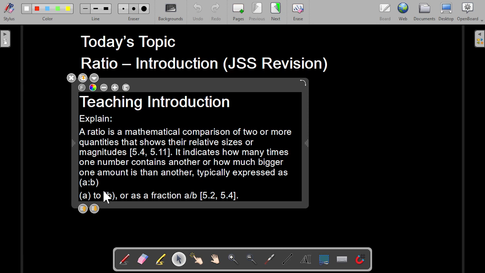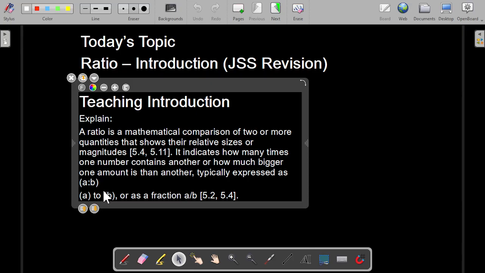You always hear ratios. For instance, in a classroom, your math teacher can walk in and say, "What is the ratio of boys to girls? What is the ratio of people in white to people in black?"